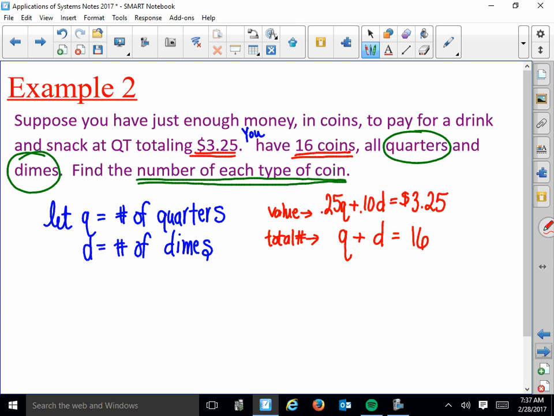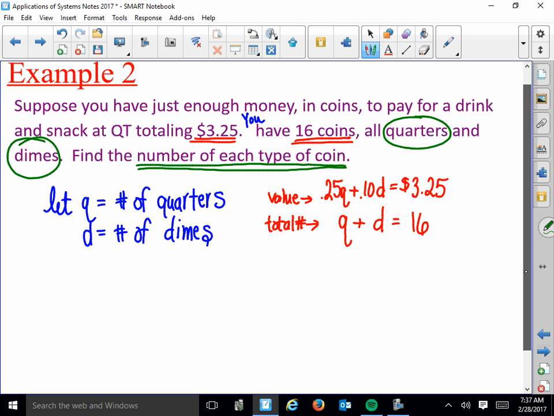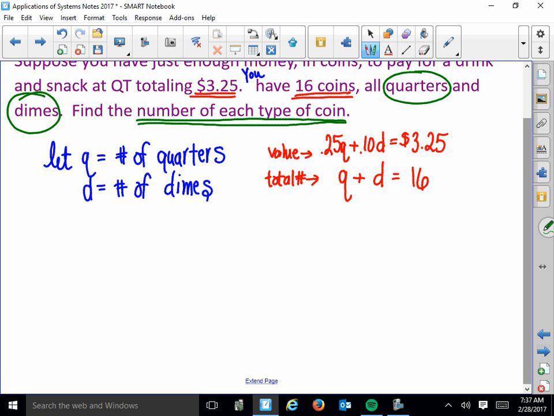When I take a look at this system, both equations are in standard form. So again, this is perfectly set up to use elimination. As I take a look at my coefficients, I have a 0.25Q and an understood 1Q. I also have a 0.10D and a 1D.